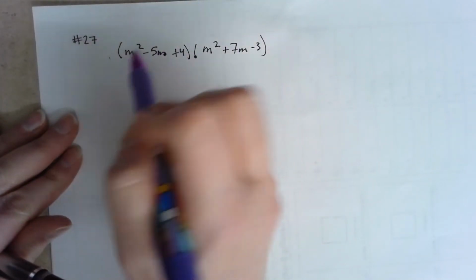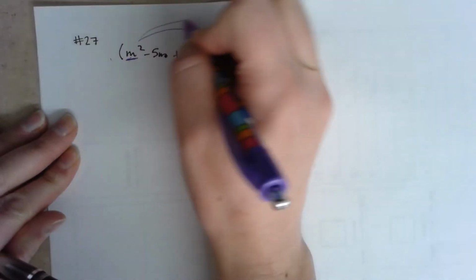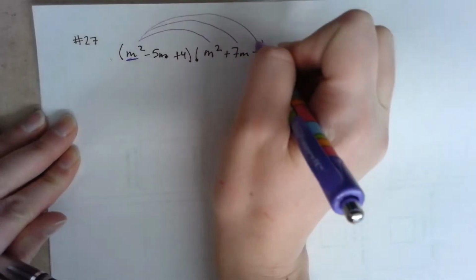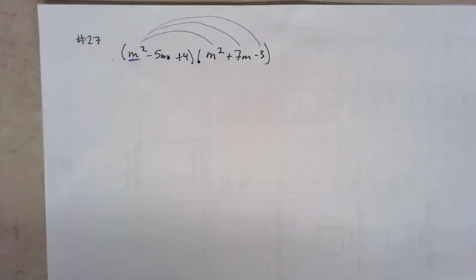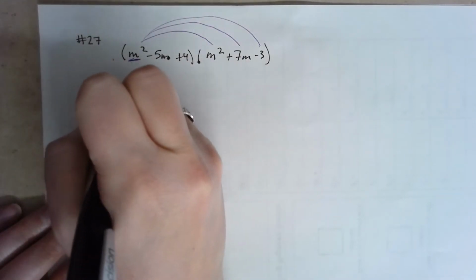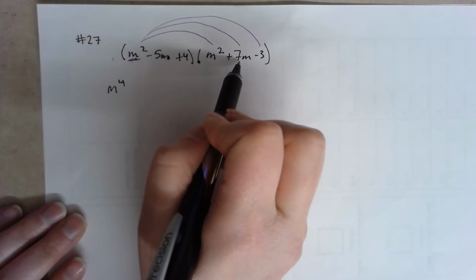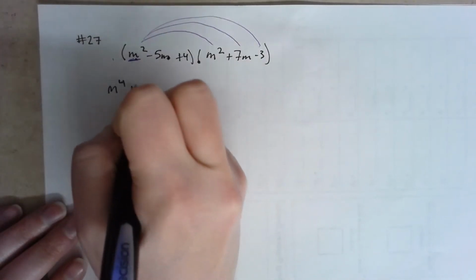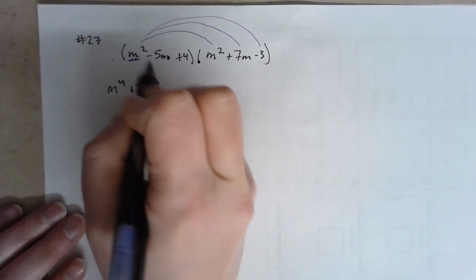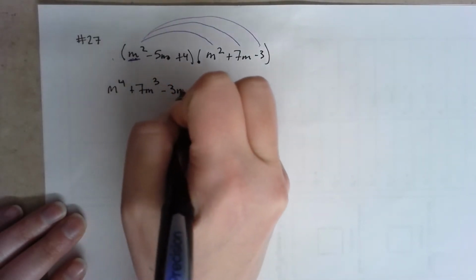Everything here, so let's start with m squared. That needs to be multiplied by all three terms. So m squared times m squared is m to the 4th. M squared times 7m is positive 7m cubed. And then m squared times negative 3 is negative 3m squared.